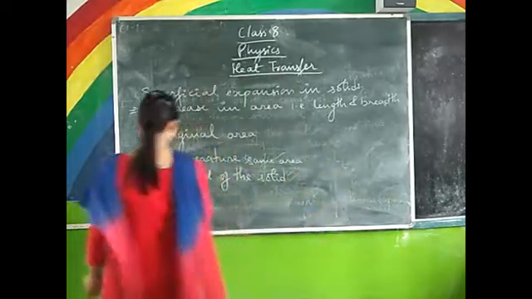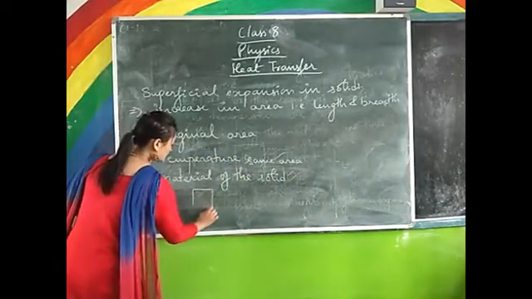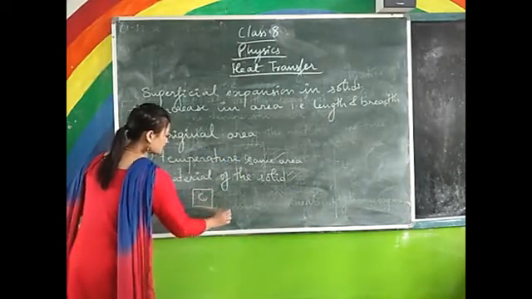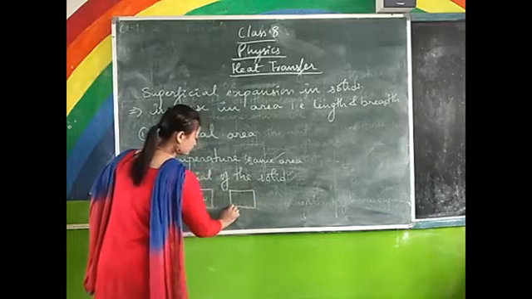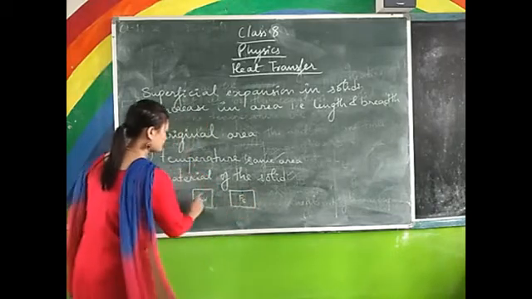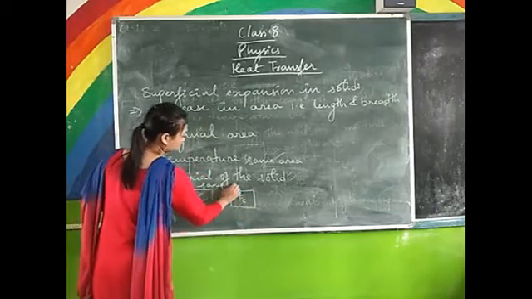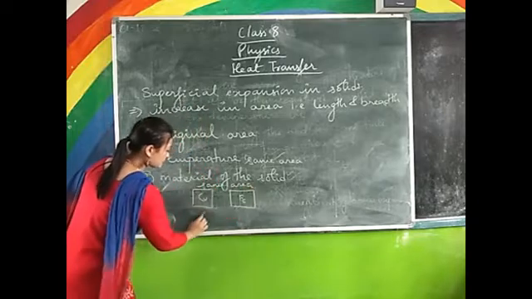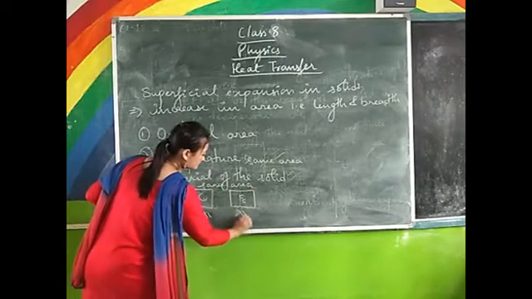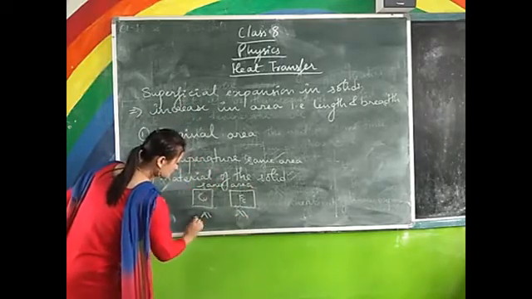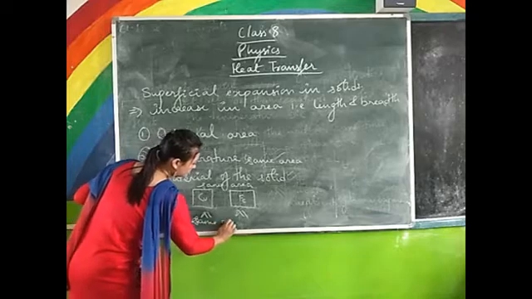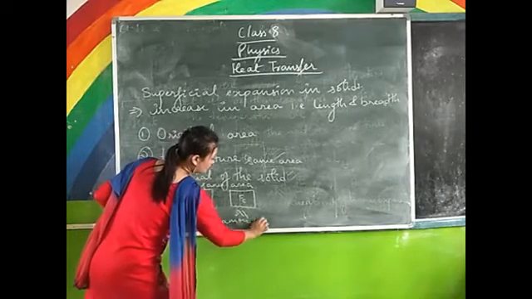For example, if you take a copper plate and you take an iron plate, they have the same area and you supply them with the same amount of heat.